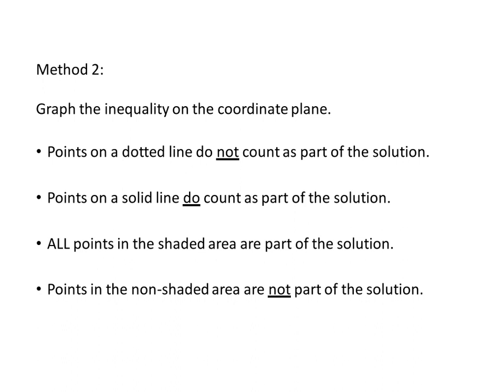So for our second method, we're actually going to use the graph, which is what we've been doing earlier in the week. So we're going to graph our inequality just like we've been doing. If the ordered pair lies on the dotted line, that's not a solution. If it's on the solid line, that is a solution.